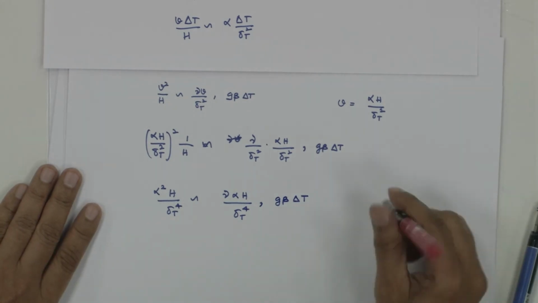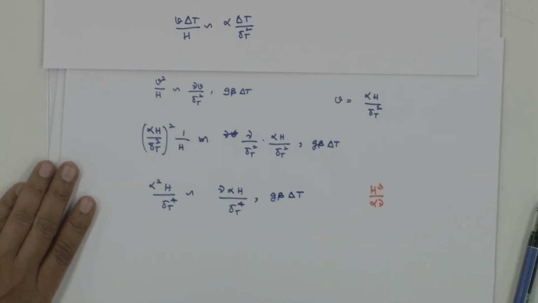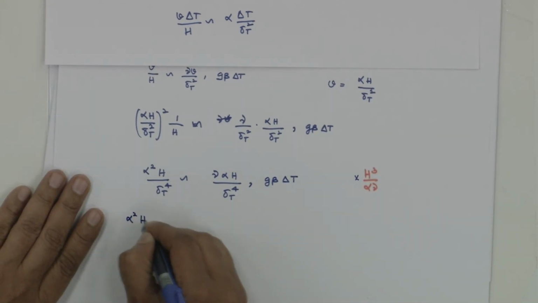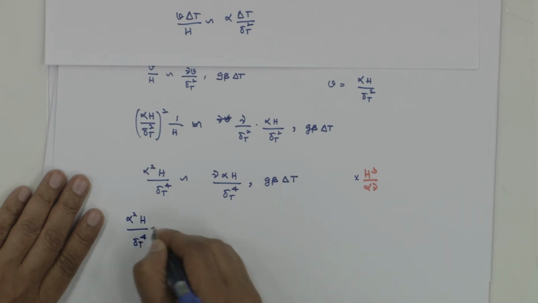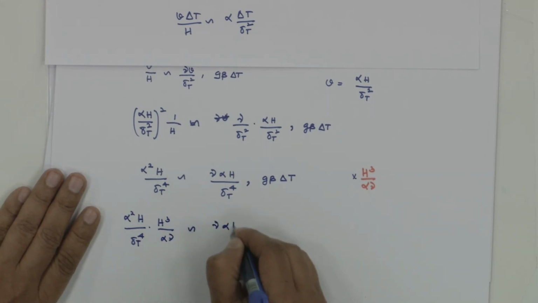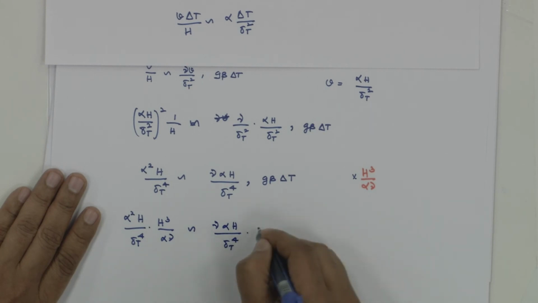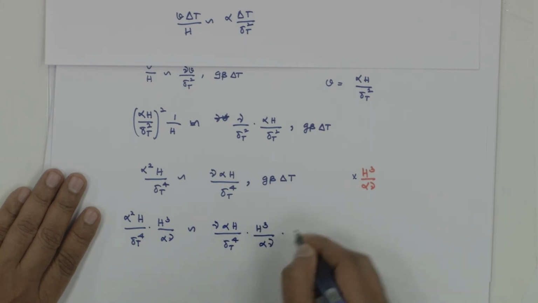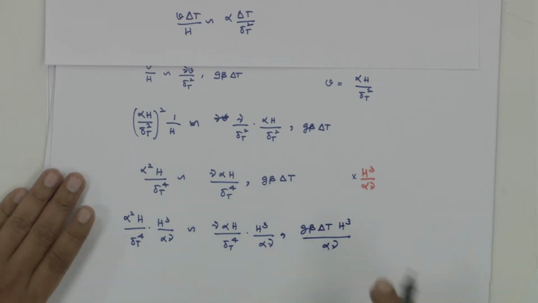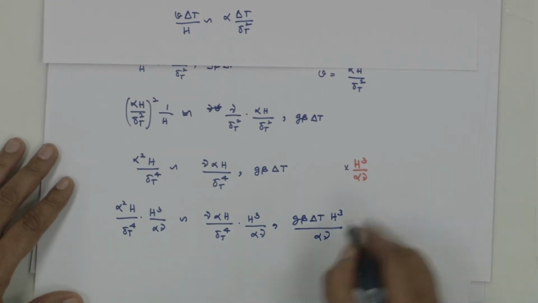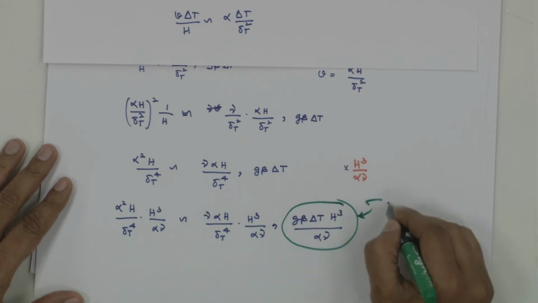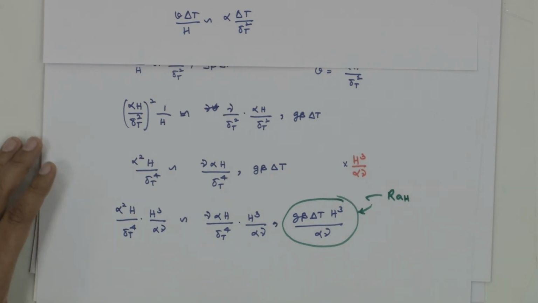Multiply throughout by h cube by alpha nu. So you get alpha squared h upon delta t to the power of 4 into h cube by alpha nu is of the order of nu alpha h by delta t to the power of 4 into h cube by alpha nu, comma g beta delta T h cube by alpha nu. This whole term is the definition of the Rayleigh number, Ra_h, the Rayleigh number based on h.